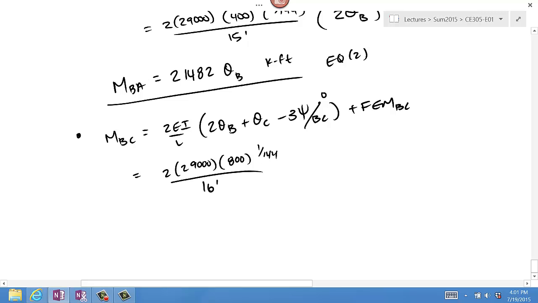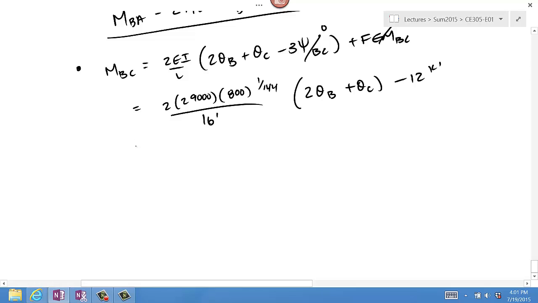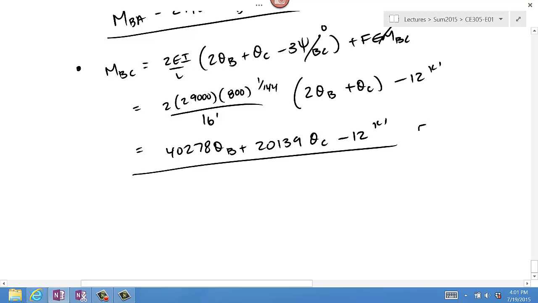We have 16 feet in the denominator. What's inside the parentheses is 2 theta B plus theta C, and then the fixed end moment is minus 12 kip feet. So simplifying this, it gives me 40278 theta B plus 20139 theta C minus 12 kip feet. This is equation 3. That's MBC.